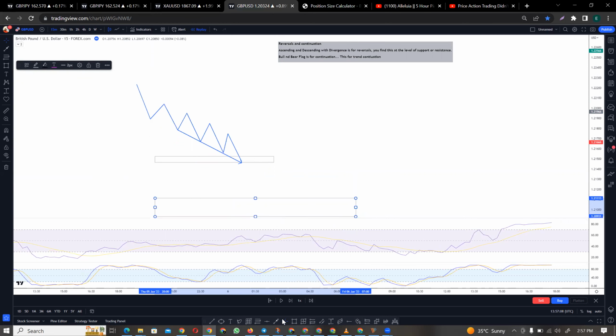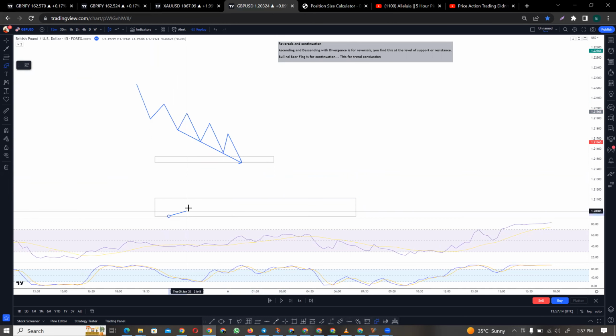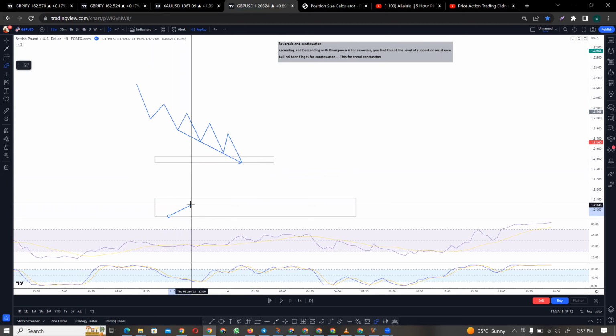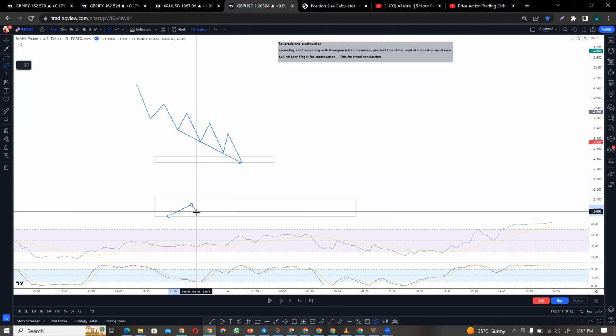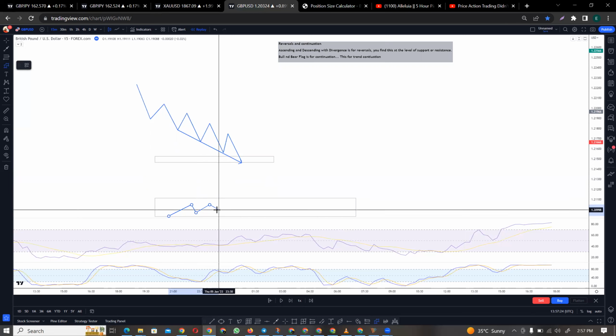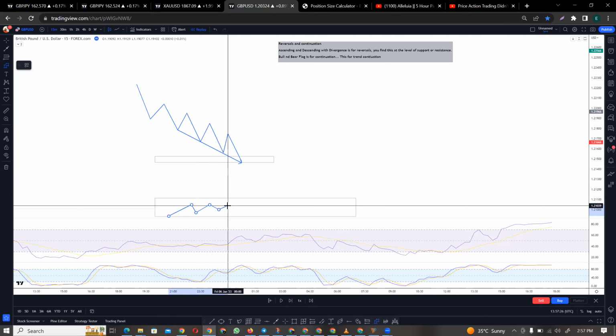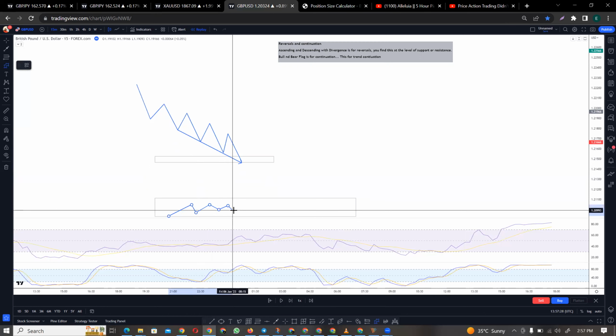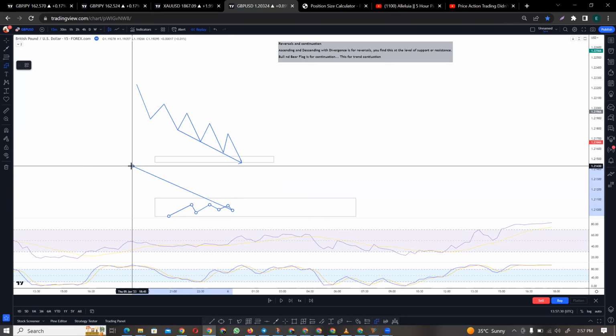Then on RSI, we are having RSI doing something like this. But this thing is more powerful.